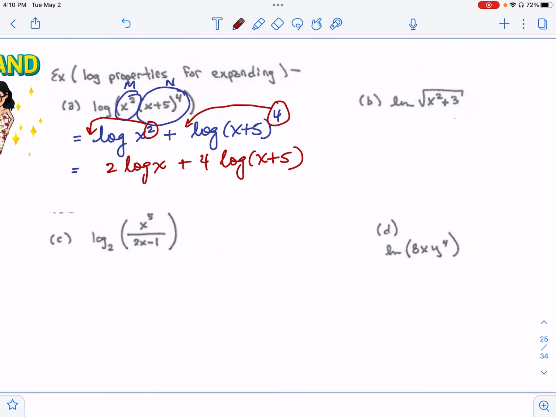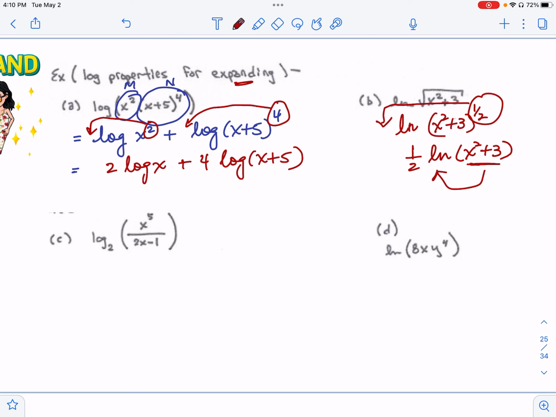Let's look at the second one, also expanding. This is natural log, sorry. The first thing I'm going to do is convert that square root into its power. Once I look at this new expression, this half can be brought to the front using the power property. So we have half natural log of x squared plus 3. Make sure to keep this in parentheses to show that x squared plus 3 is all associated with the log.